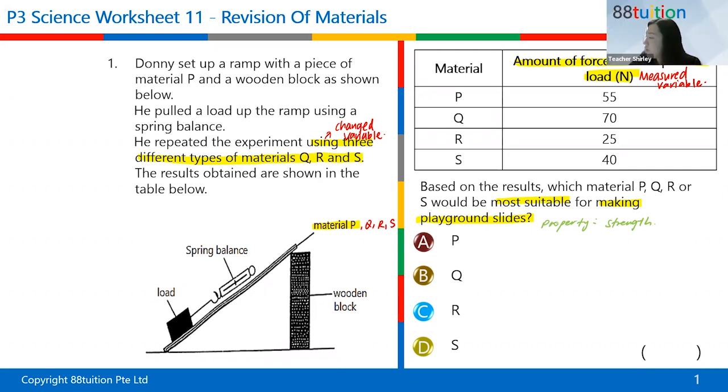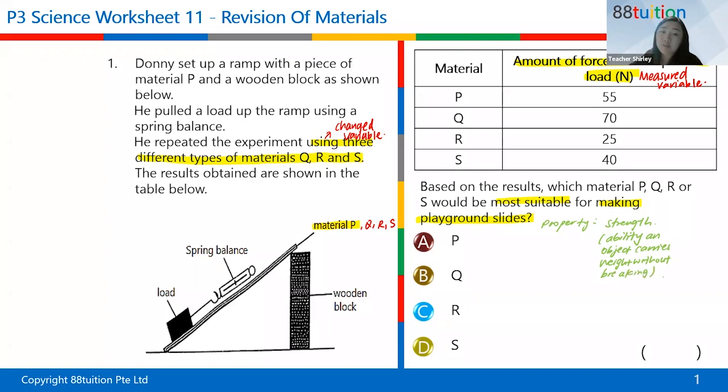Strength is the property, the ability of an object to carry weight without breaking. So strength is a measurement of whether or not this thing can hold weight without breaking.